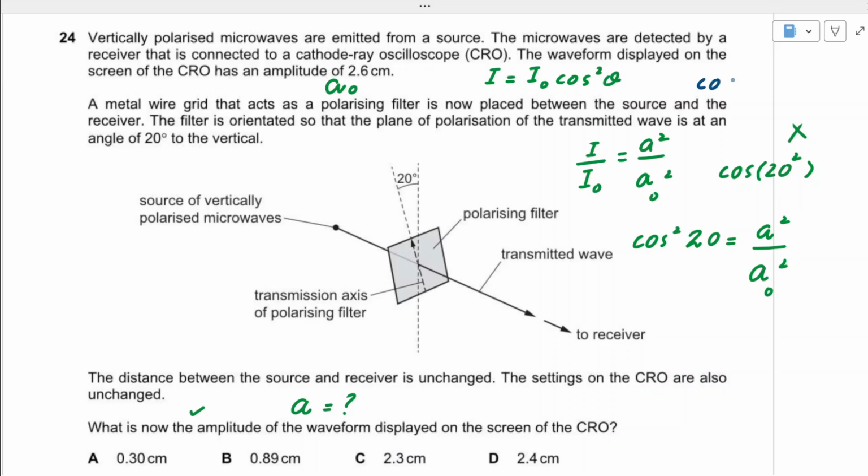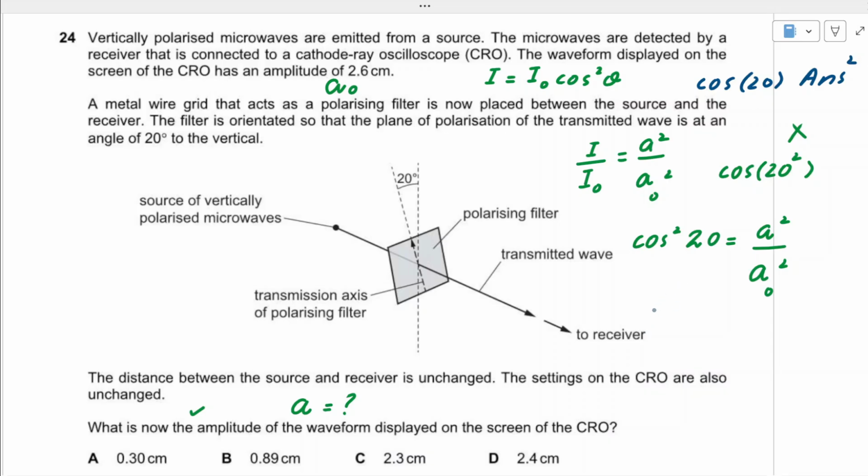Rather, you should write cos 20 and square, like this. In this way, the calculator would take the square of the function. Or the other way is, you can find cos 20, press the equals button, and then take the square of the answer. This is the other method.